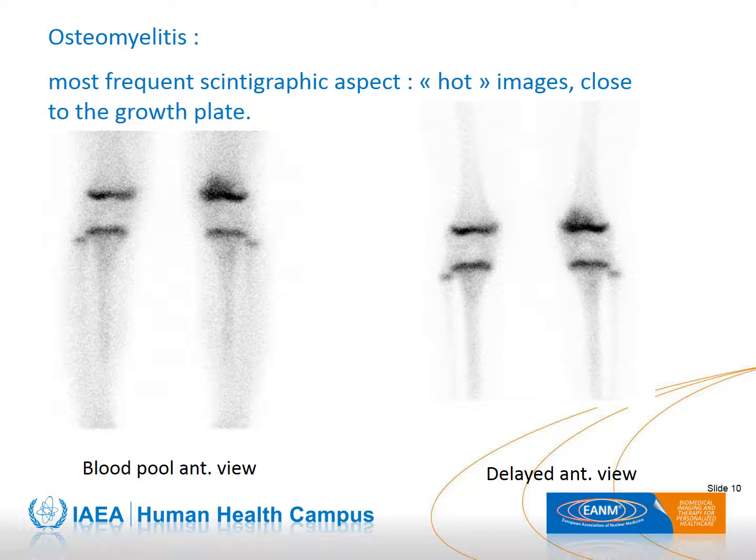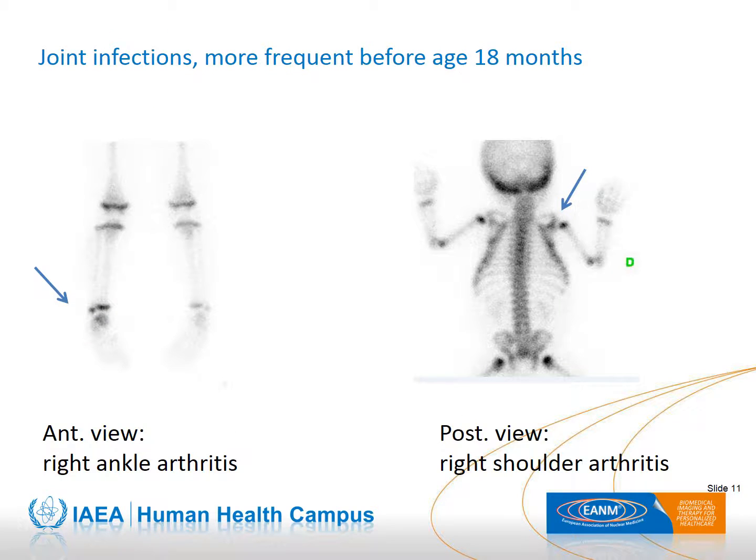In the case of osteomyelitis, the most frequent scintigraphic aspects are hyperemia on the blood pool image and increased tracer uptake in the bone metaphysis on the delayed images. In the youngest children, arthritis is more frequent than osteomyelitis.